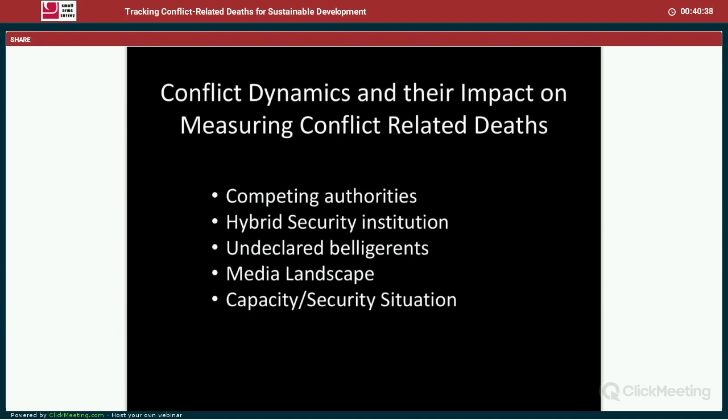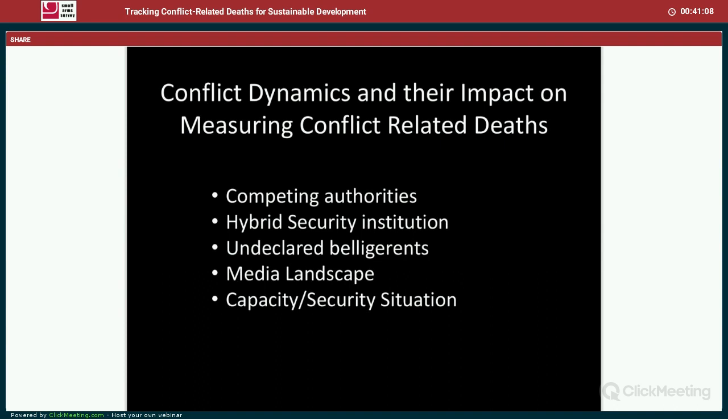The media landscape, which Kristine has touched on: the situation in Libya is that it went from an exclusively state-controlled media to a flourish of privately owned media. However, that didn't really signify free and fair press. Mostly armed groups, businessmen, and power brokers in the country were paying to put out information and to own their own media outlet.